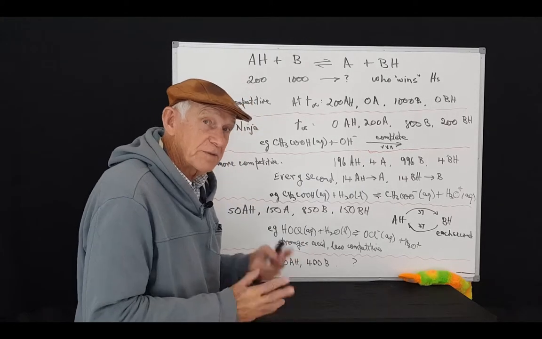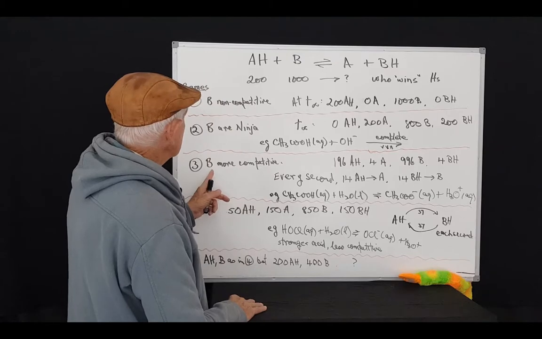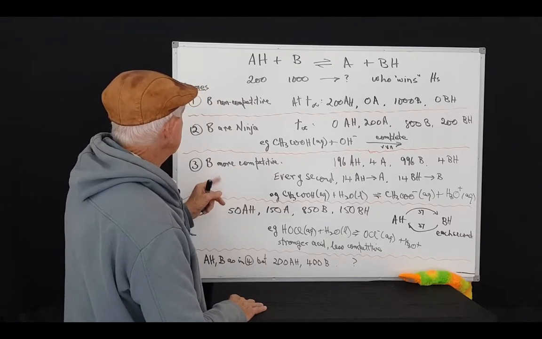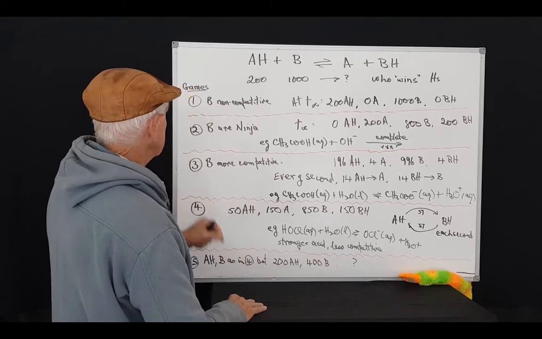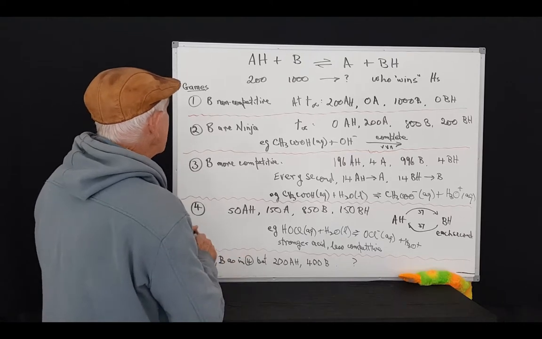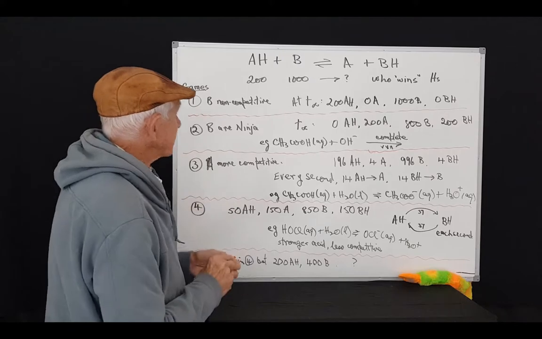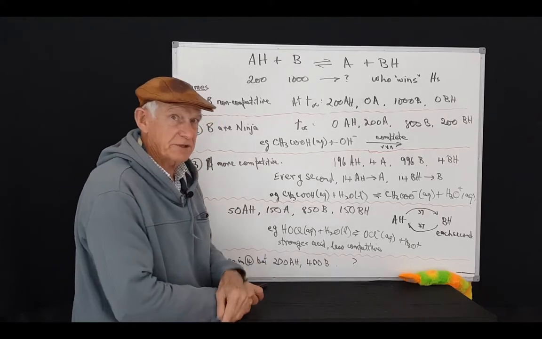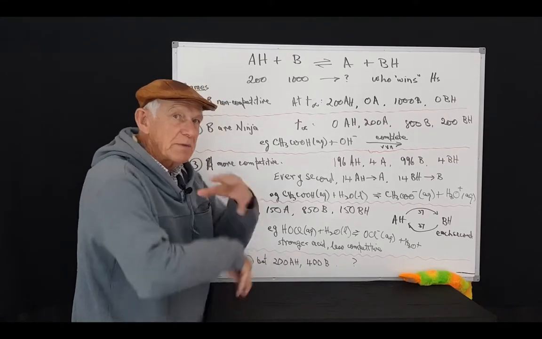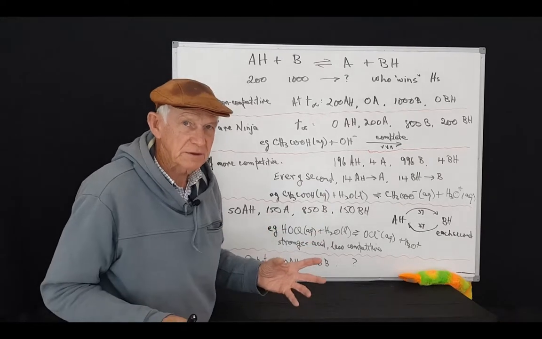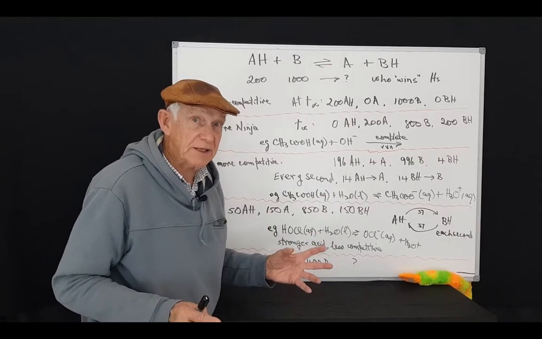Okay, let's go to somewhere in between. Let's have B's, let's have A's more competitive than up here. A bit ninja-ish. We mingle and they fight for the balls, the 200 H's.